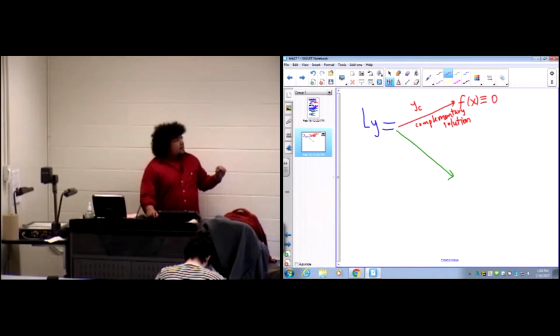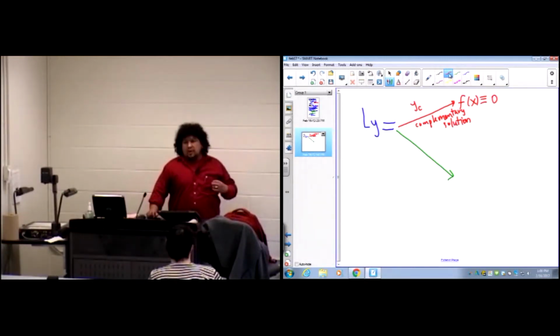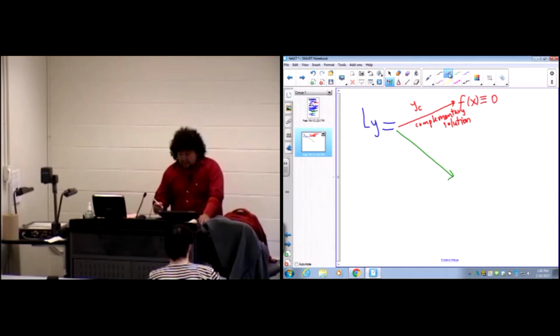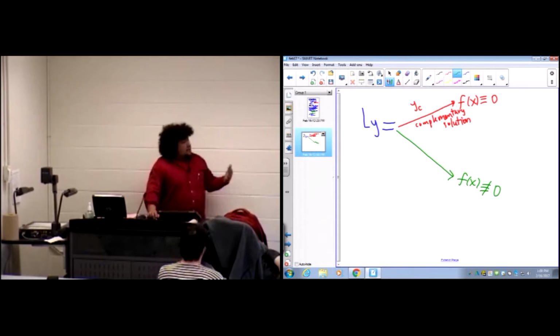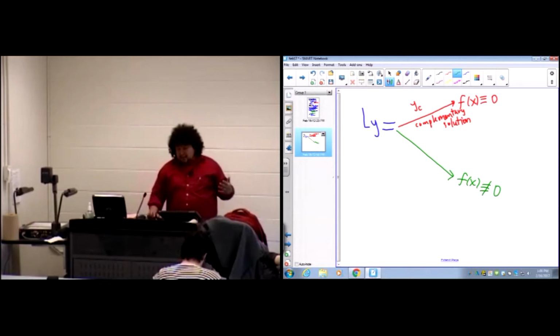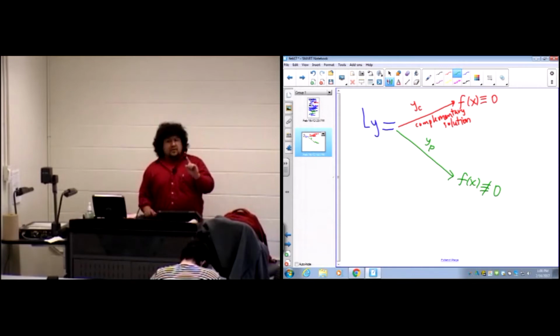Now, if f of x is a function that is not identically equal to 0, then this is the so-called non-homogeneous problem. That's what we are really interested in. In such case, the solution is also going to have a nickname. We're referring to one such function that satisfies the problem, for which when we evaluate that operator of linear combinations of derivatives at that function, we get a match.